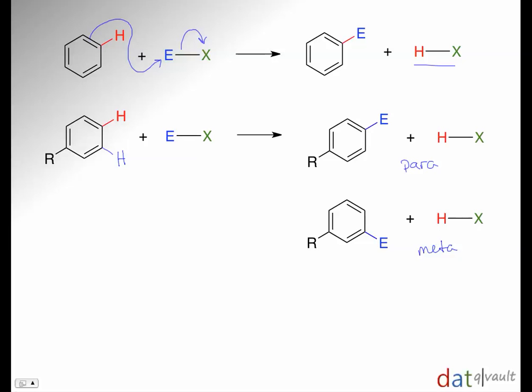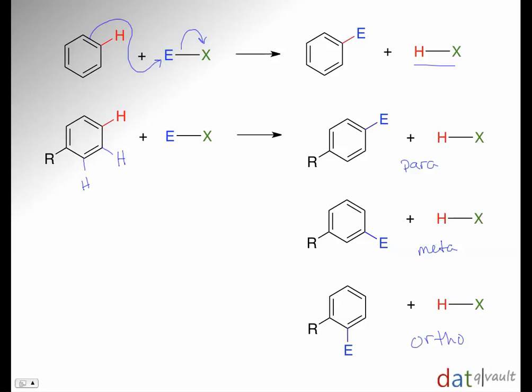We're talking about the substituent with respect to the electrophile when we're talking about para and meta. And then we can also substitute this hydrogen right here, which is the ortho hydrogen to this R group, and do an electrophilic substitution at the ortho position.